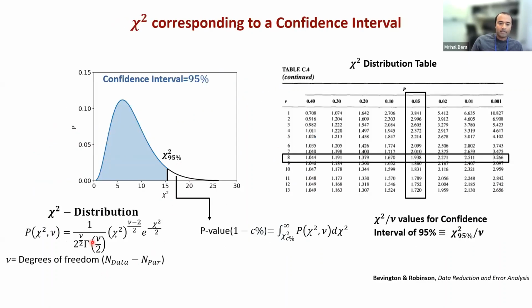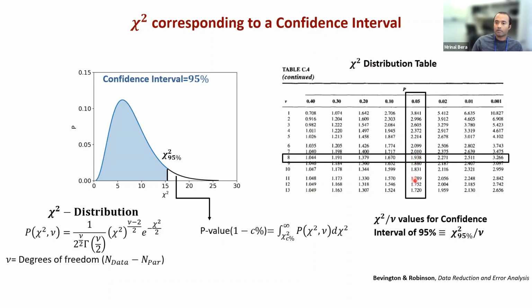Once you have the degrees of freedom, you get the p-value from the table, which is tabulated here. You can also calculate it by integrating this chi-square distribution. So for 95%, we get 0.05, and with 8 degrees of freedom, you can get the chi-square, which is 1.932.